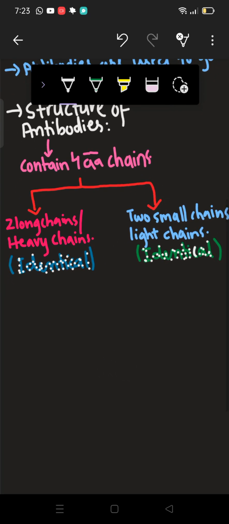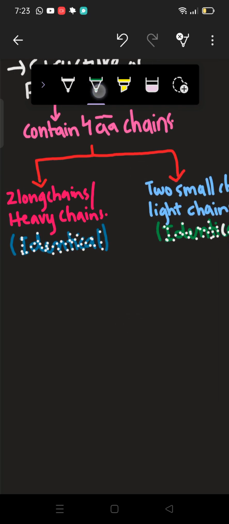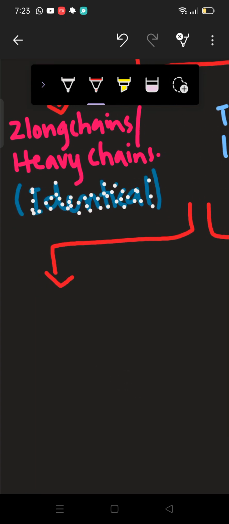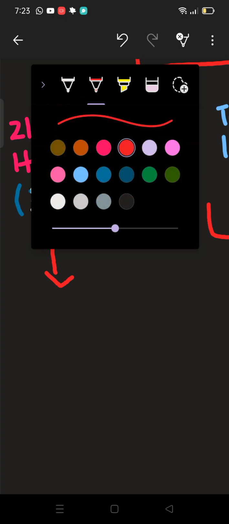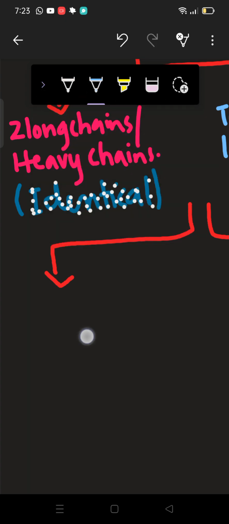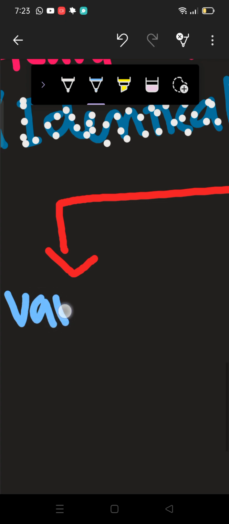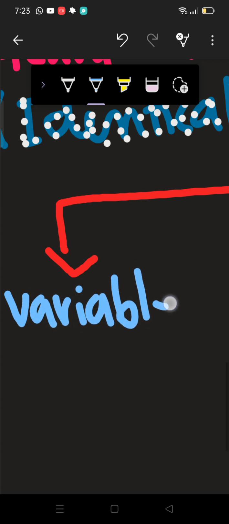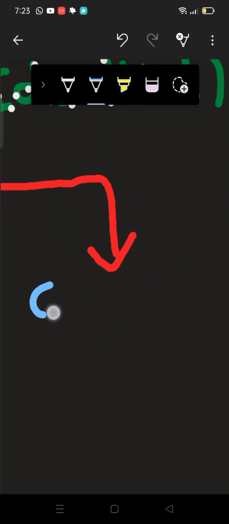Now they both have 2 parts. And what are those 2 parts? One is variable and the second part is constant. So here we have the variable part, and here we have the constant part.